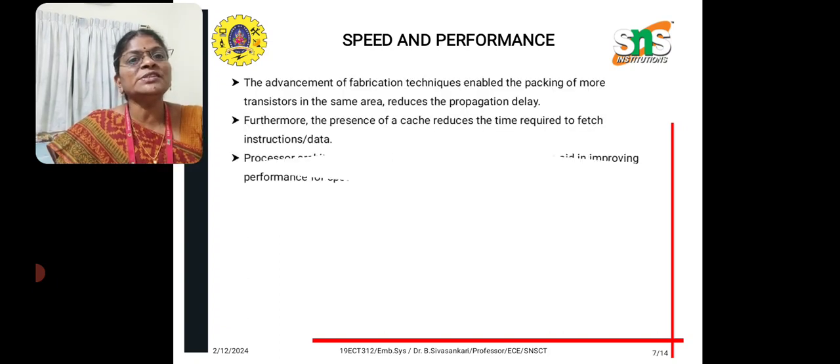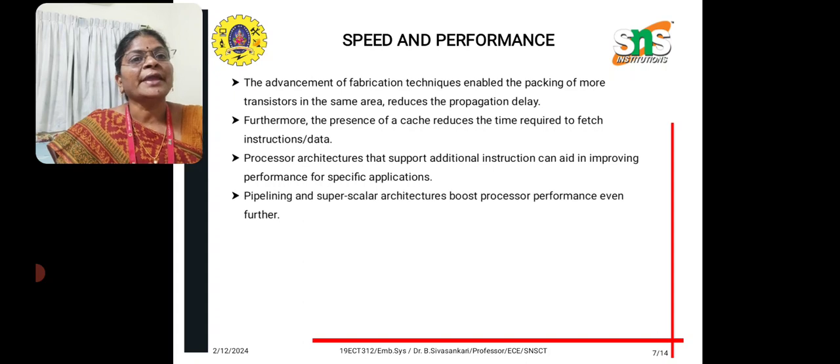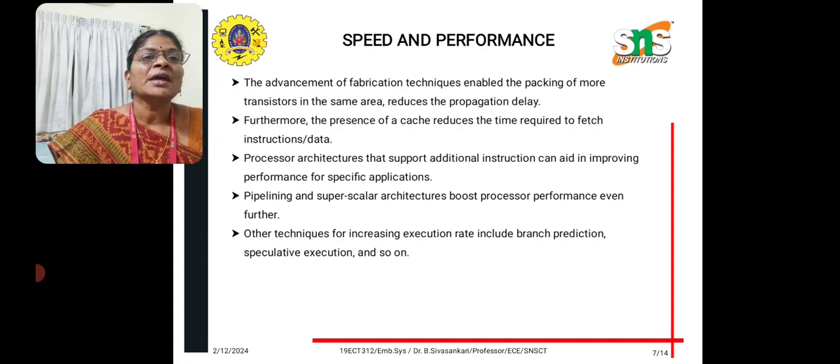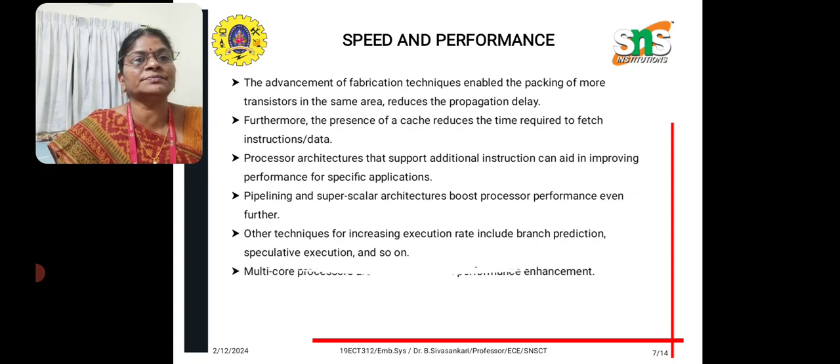The advancement of fabrication techniques enabled the packing of more transistors in the same area, which reduces the propagation delay. Other techniques, pipelining and superscalar architectures, boost processor performance. Even further, other techniques for increasing execution rate include branch prediction, speculative execution, and so on.